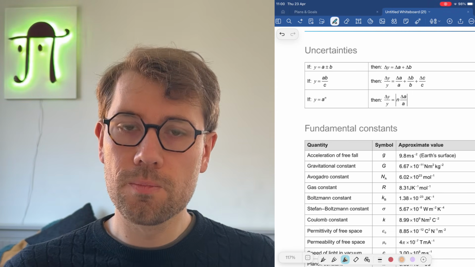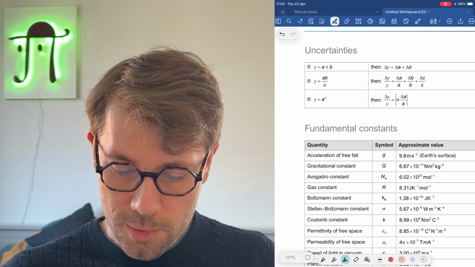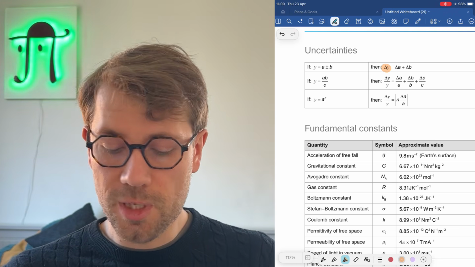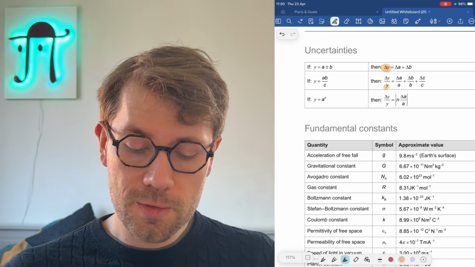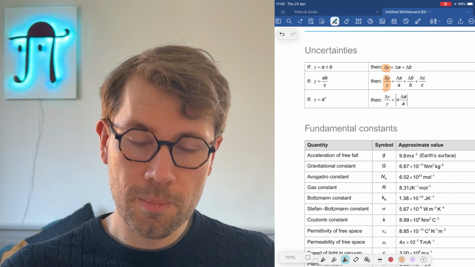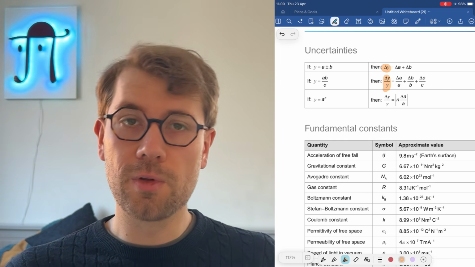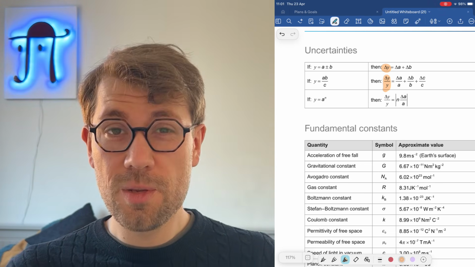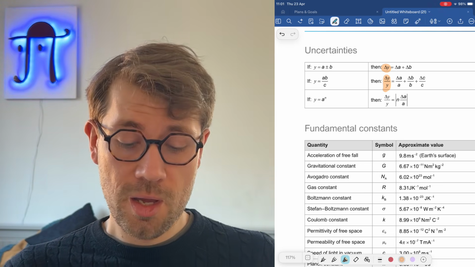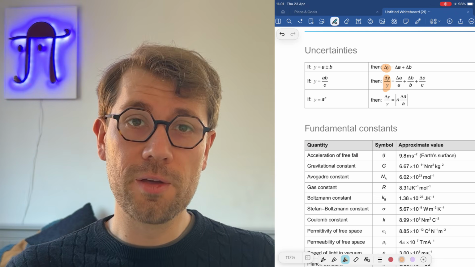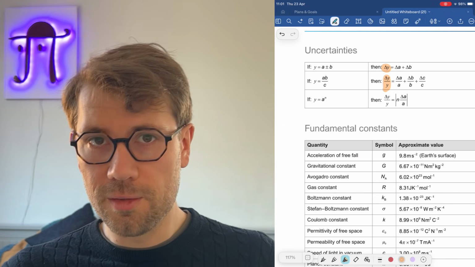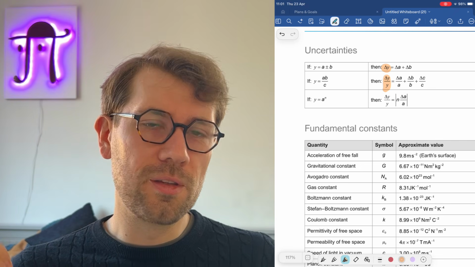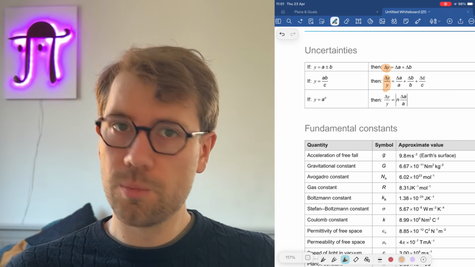So absolute uncertainty is just a delta y or delta something, and relative uncertainty is when we make a fraction of it and we compare it to its original value, so like delta y over y. That's probably going to be enough to get you through this section. After that, you're just looking at those formulas, applying absolute where you see the delta y on its own, and relative where you see the delta something over something.